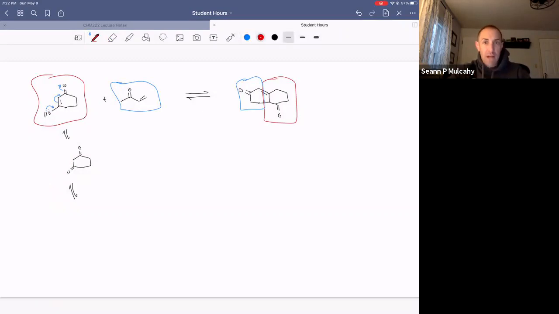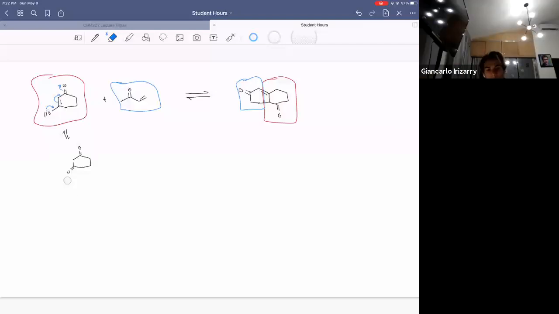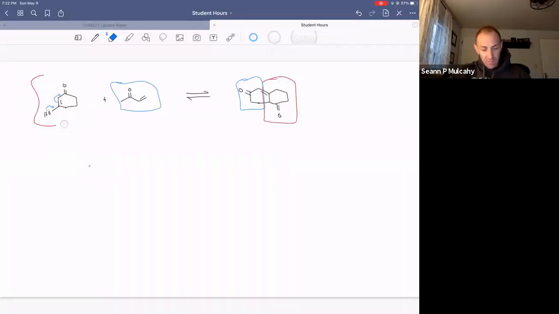Okay, so this reaction is not under basic conditions, it's under acidic conditions, but we can do the same kind of chemistry. Okay, what's the first step in a Robinson annulation? Michael addition. And so why don't we take this starting material molecule, this enol form, and do a Michael addition.